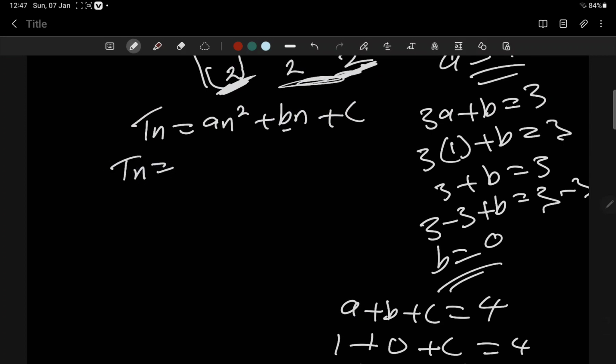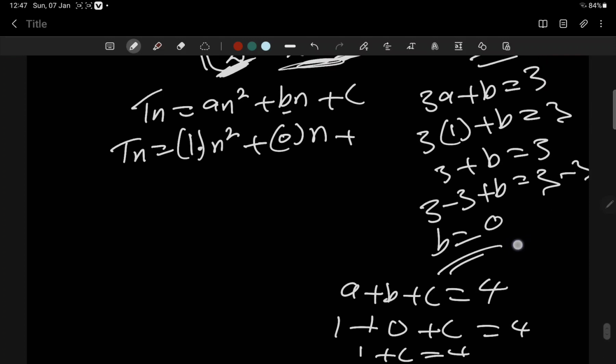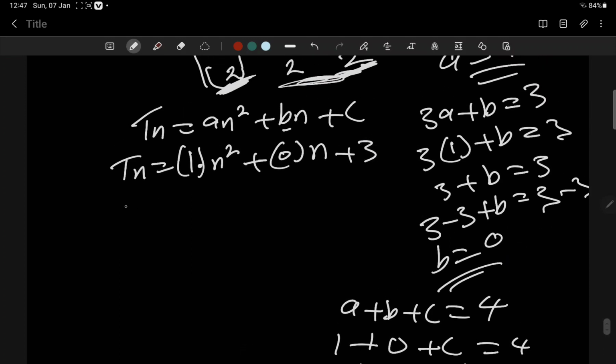Tn is equals to a, a is 1, in bracket 1, n squared plus b 0 multiplied by n plus c positive 3. Then Tn equals to, simplify, 1 in bracket times n squared, it will be just n squared. Then 0 times n, 0. Then we are left with plus 3.